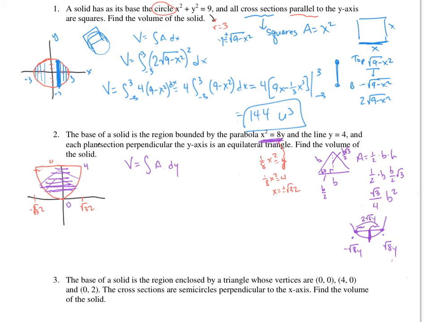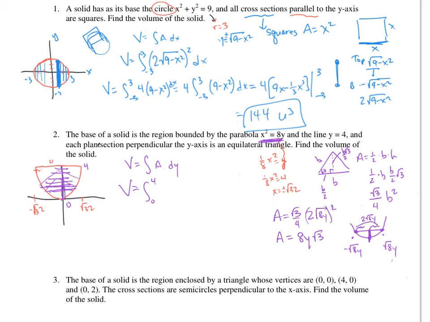Okay, so the area ends up being root 3 over 4 times this 2 times the square root of 8y squared. And cleaning this up, the 4 goes there, it goes away, and we end up with 8y root 3 as my area.